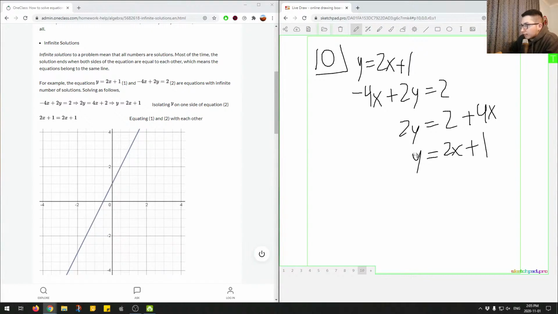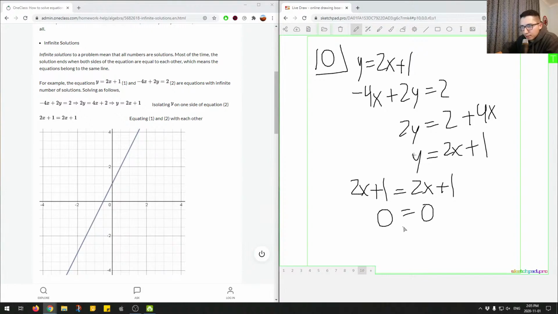So we can see that this equation is identical to this equation. So if we set them equal to each other, we end up with 2x plus 1 equals 2x plus 1. You could also say that 0 equals 0 if you subtracted 2x plus 1 from each side. So this is another indication where you have an infinite number of solutions.